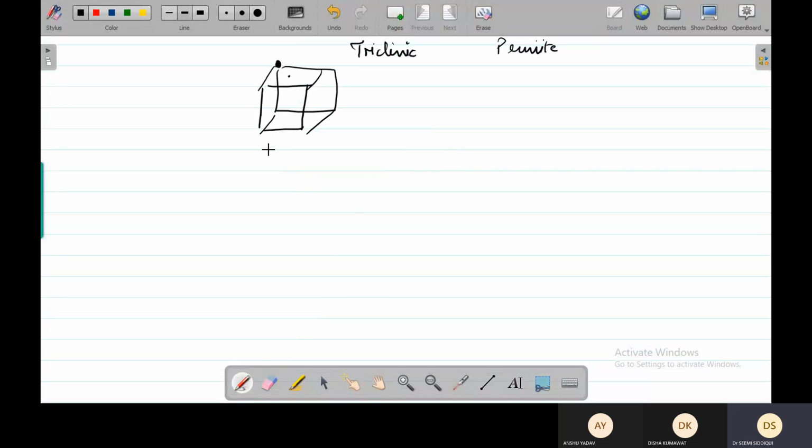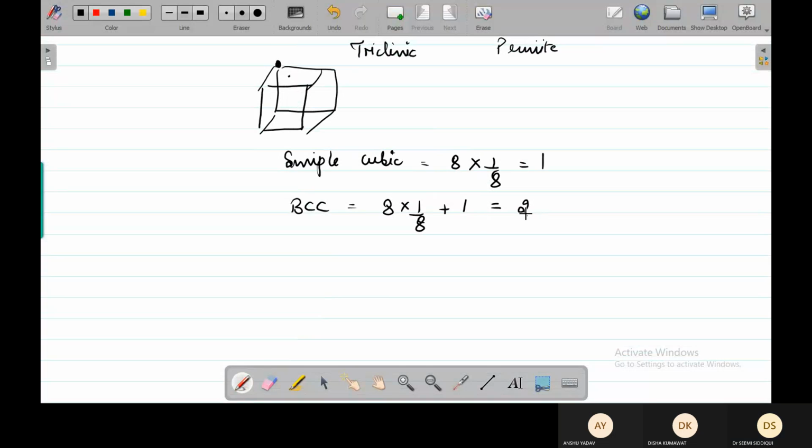Therefore, in the case of simple cubic, it will be 8 into 1/8. That is your 1 atom. In the case of body centered, it is 8 into 1 by 8 plus 1 present at the body center, therefore it will be 2.